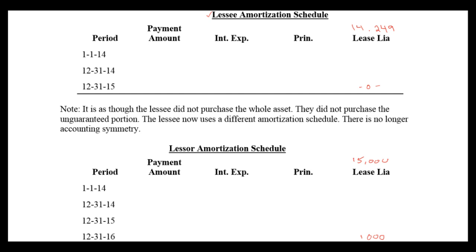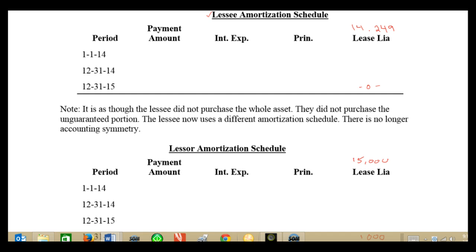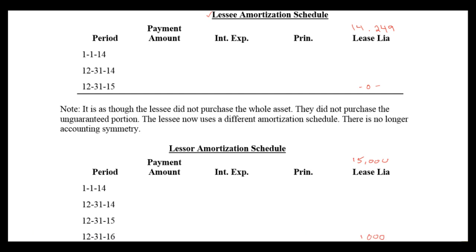So I would like you to prepare an amortization schedule starting with these two numbers and reflecting a payment of $5,209 in each case. You'll notice that they both land where they need to, but the beginning amount is different. The reason is it's as though the lessee did not purchase the whole asset, and there's no longer what I call symmetry. Please put this video on pause and fill out the two tables, and let's see how you do.